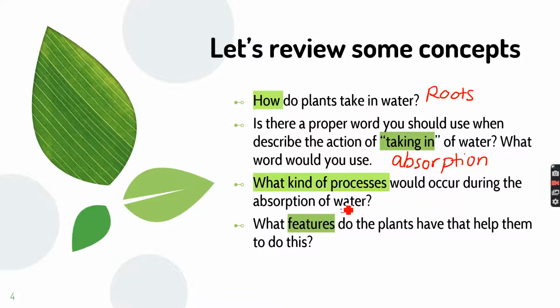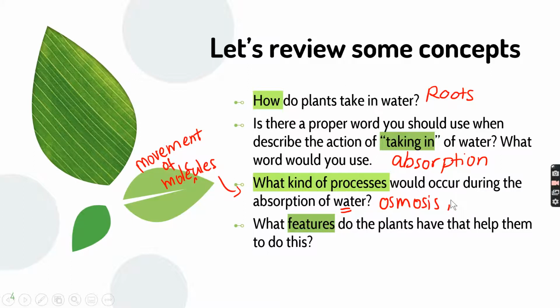What kind of processes take place in the absorption of water? We're thinking about the movement of water. If you remember from topic 2, movement of molecules, water moves across a cell membrane via osmosis. However, if there is no partially permeable membrane, then water can move via diffusion.